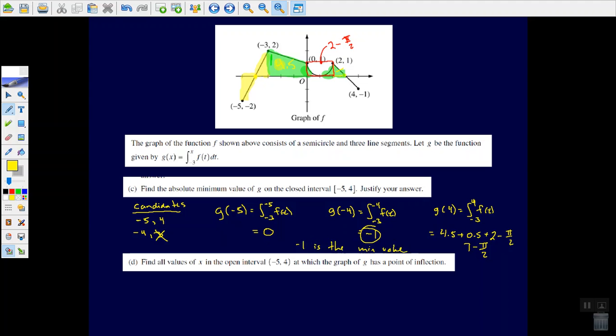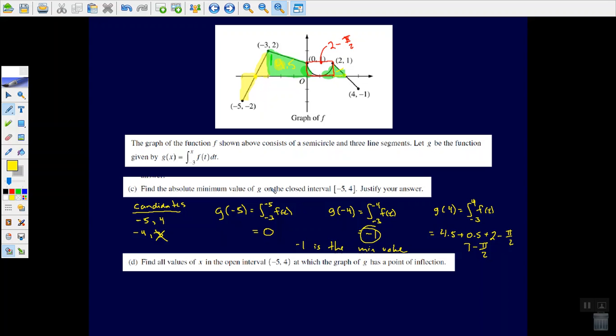Okay, so the justification was we identified all the candidates, we evaluated G at each of the candidates, and then figured out which of those values was the smallest, and it was G of negative 4, which is negative 1. Okay, now, important to note, the answer is negative 1. The answer is not the x value, which is negative 4. It says find the minimum value of G. So the minimum value is the value of this integral, negative 1.